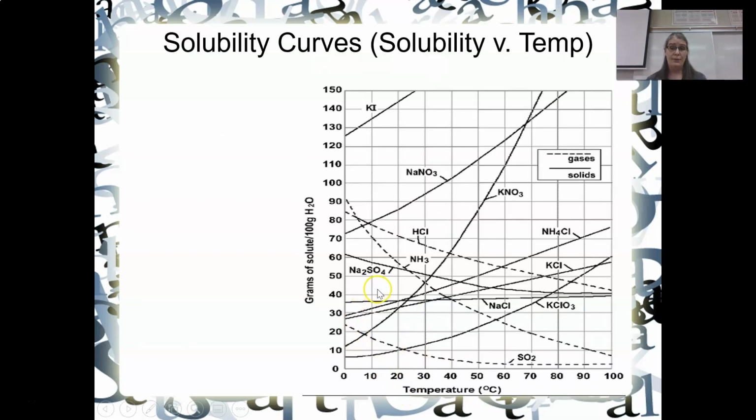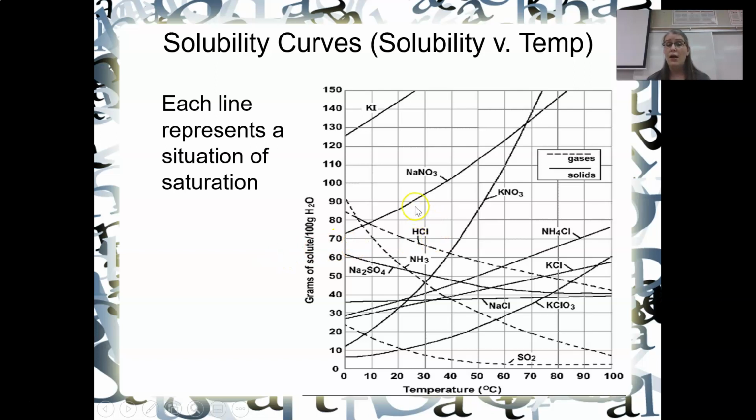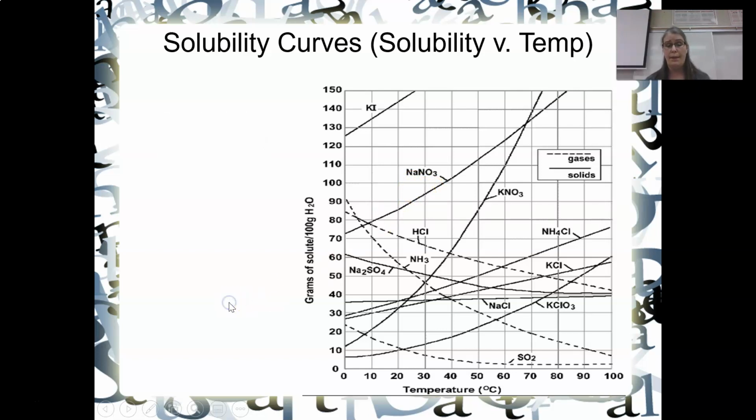So in the video from last week's review, we saw these solubility curves, just to remind you of what's going on here. On the line here, so say for example, if I am at 30 degrees, it would take 95-ish grams of sodium nitrate to reach a saturated solution, because the saturated solution is right on the line.